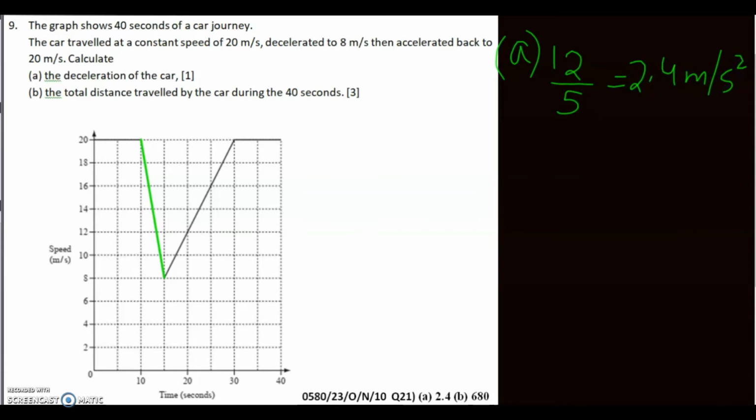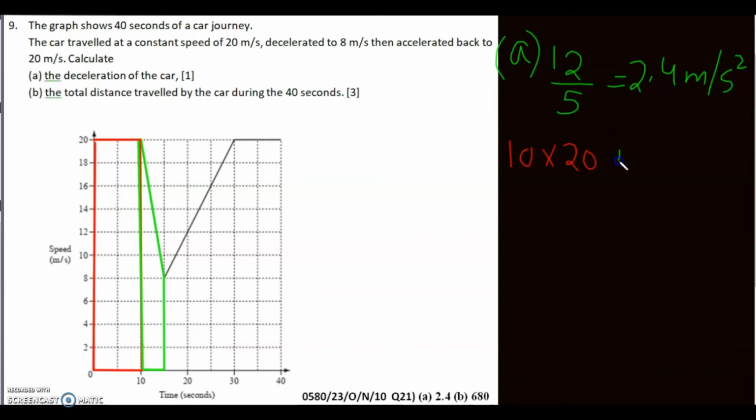Part B, find the total distance traveled by the car during the 40 seconds. That means we have to find area under the curve. So I'll break it into sub figures. So a rectangle, I can find area of this rectangle. That would be length times width, so 10 times 20. Then I can find area of this trapezium, which is half times height times sum of parallel sides.